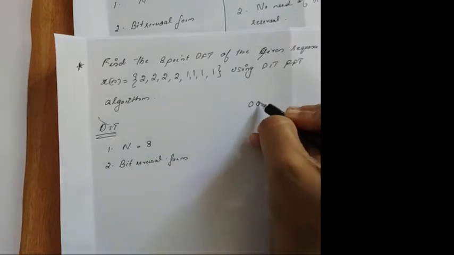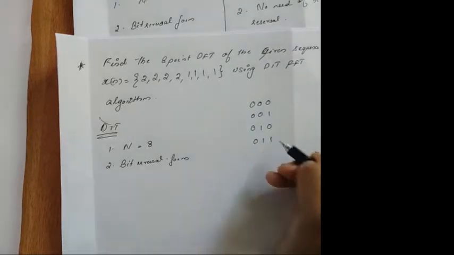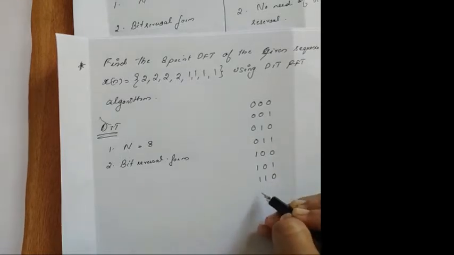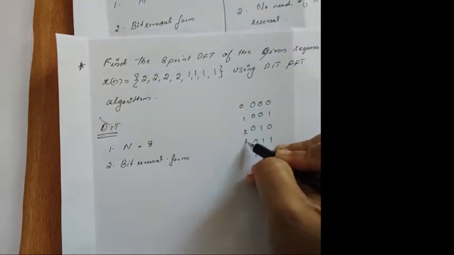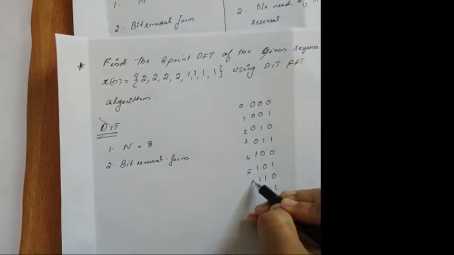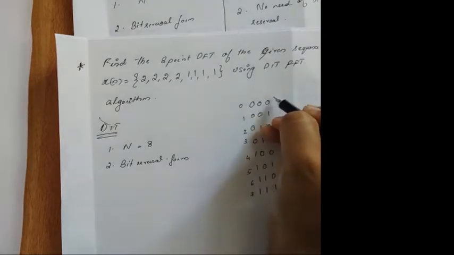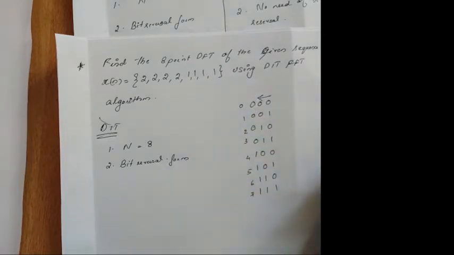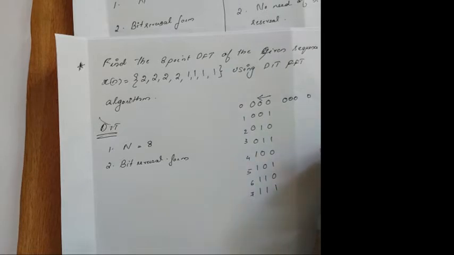So it starts from 000, 001, 010, 011, 100, 101, 110, 111. That is 0, 1, 2, 3, 4, 5, 6, 7. Now you have to reverse the bits. If you are writing like this, you have to read it from the other side. So 000 is the same 0.